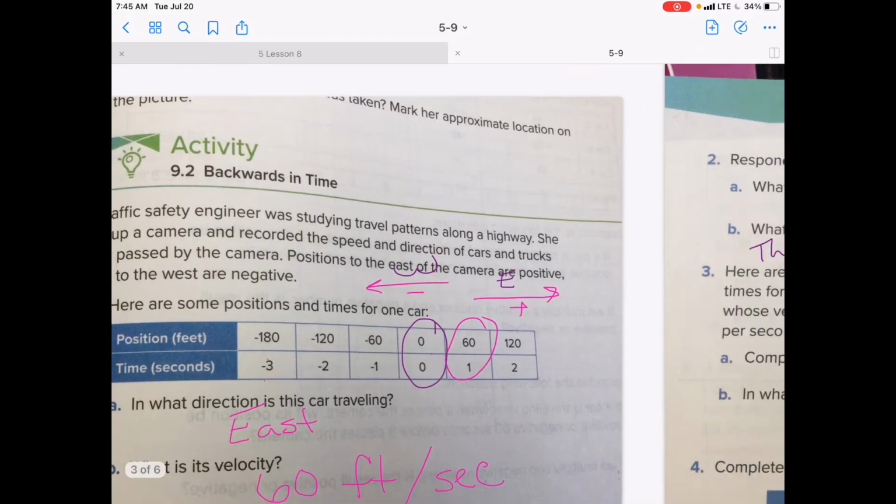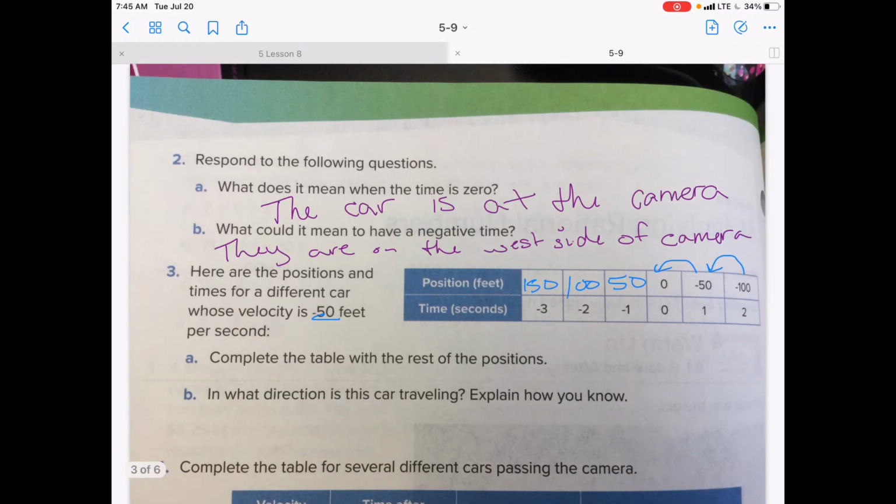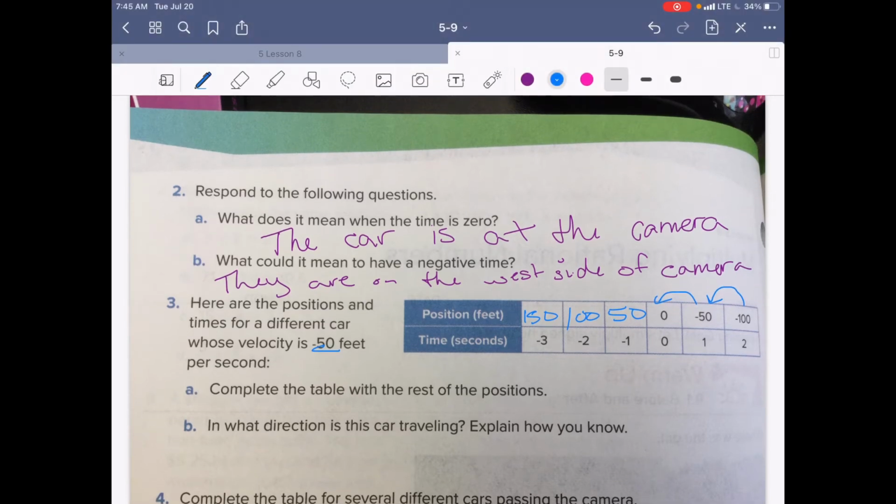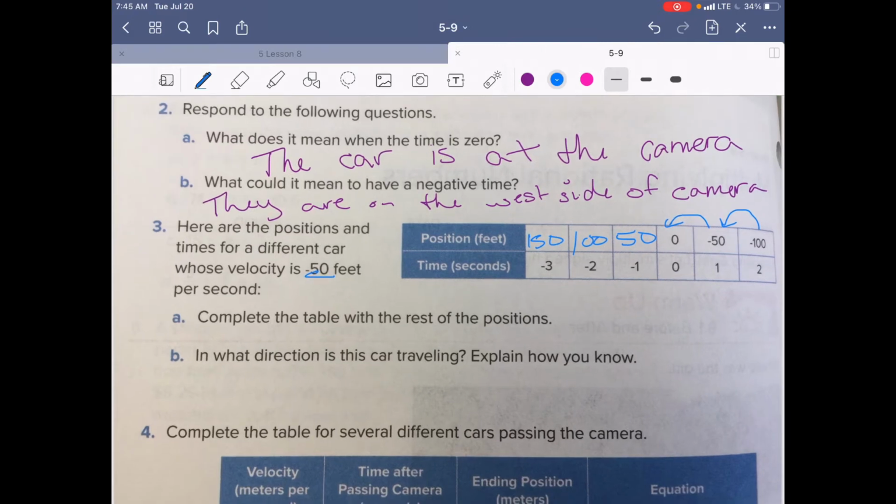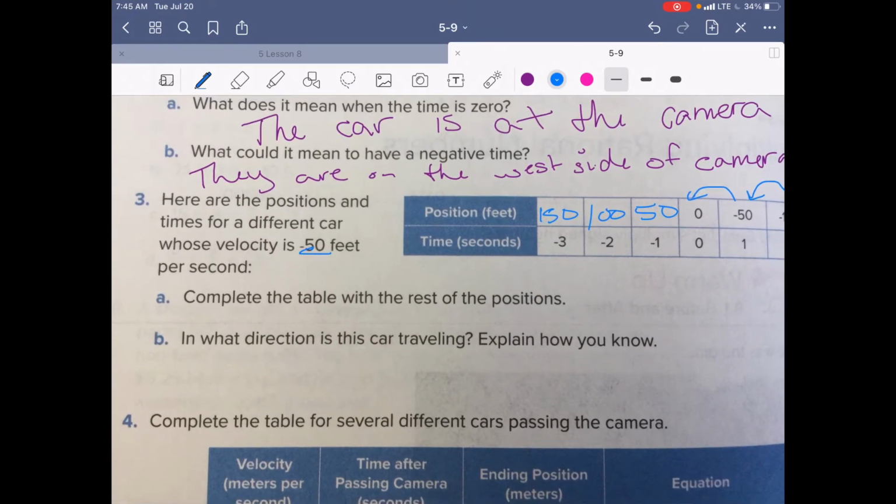If we look at this, we have a positive distance with a negative time. So what direction are they traveling? That's right, they're traveling west because the distance is changing. They are going west.